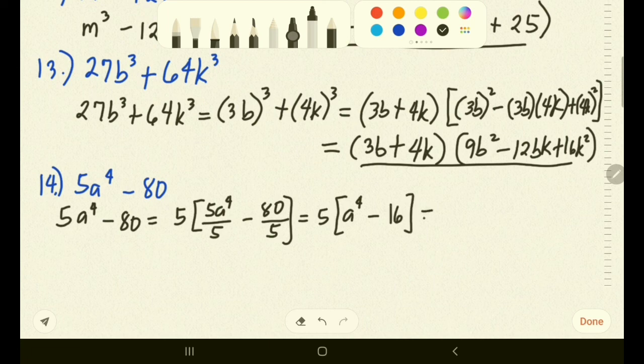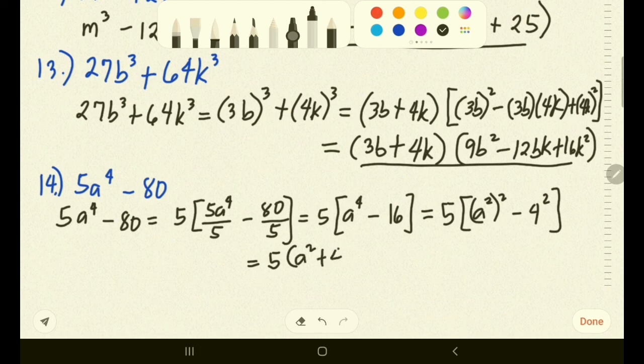And next, you factor a to the power of 4 minus 16. That is difference of two squares. So express each into the power of 2. (a squared) quantity squared minus 4 squared. Okay, let's factor. So that becomes 5 times a squared plus 4 times a squared minus 4.